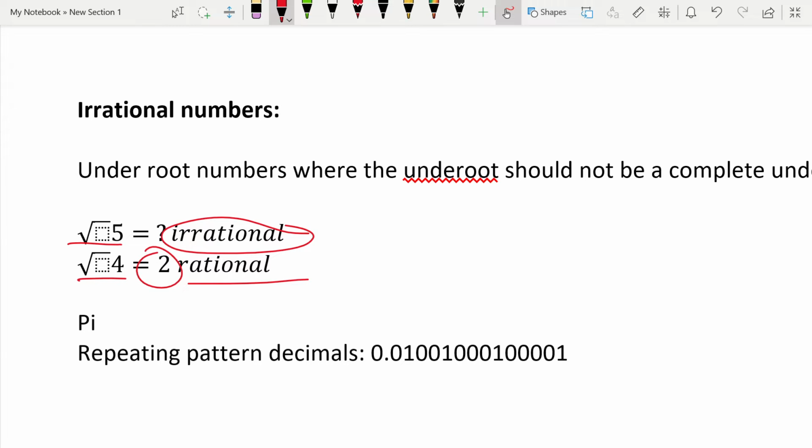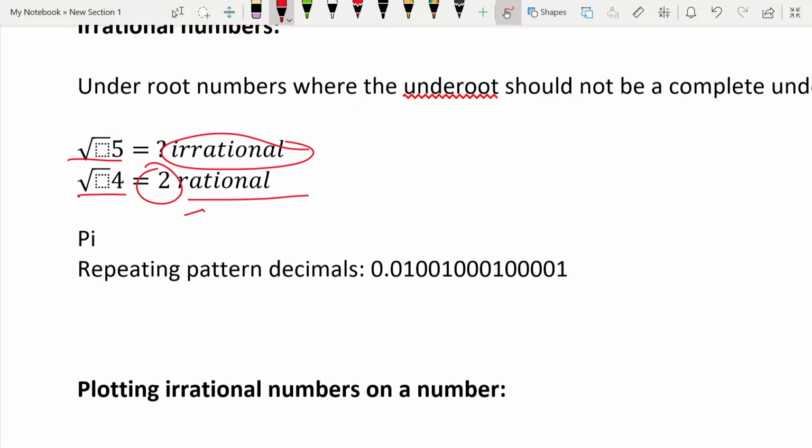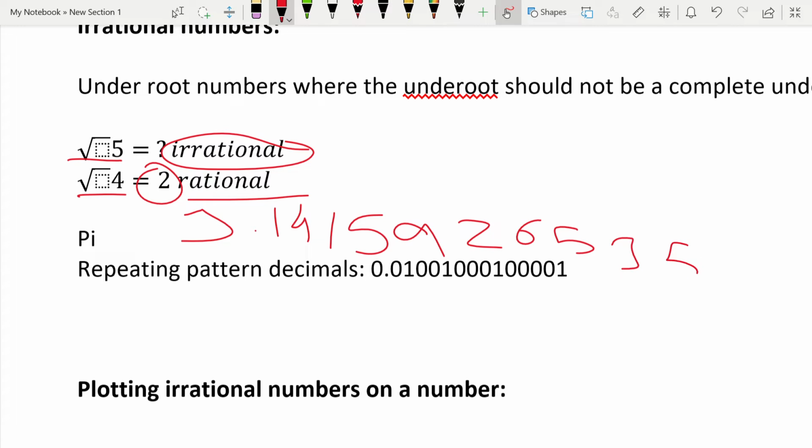Okay? Now pi is also irrational because it's 3.14159265358 and so on like that, right? So it's a very big number. That's why pi is irrational. Also, non-repeating decimals like 0.0100100001 and so on, because each time the 0 is increasing, right?